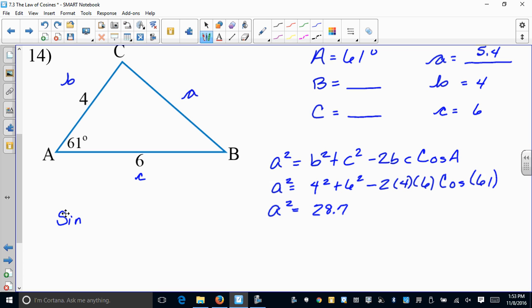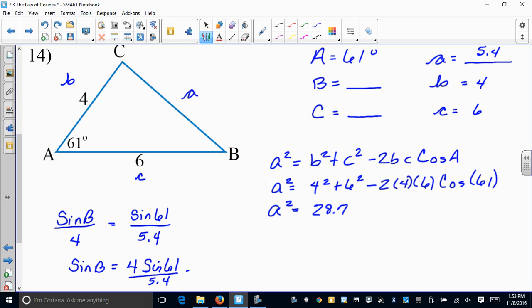Sine of b over little b, which is 4, equals sine of 61 over little a, which is 5.4. So sine of b equals 4 times sine of 61 over 5.4. And when we plug that in, we get a value of 0.6527.